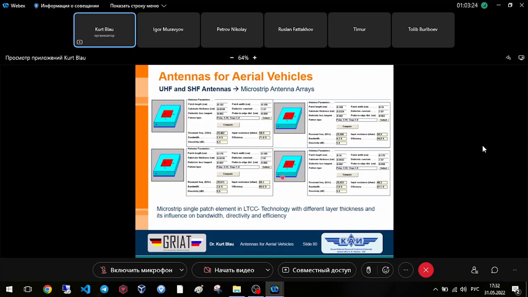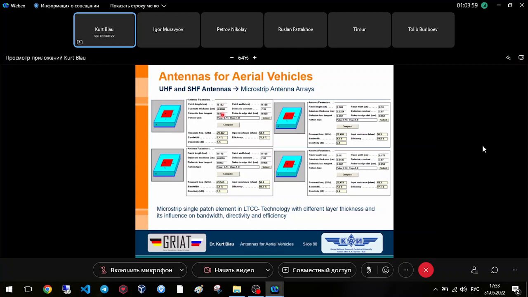This is a readout of a very primitive program for calculation of such patch elements. You can see that the element dimensions using this material with this very high permittivity are very small. The patch length, because it's given in centimeters, is 0.182 centimeters, means it's 1.82 millimeters.